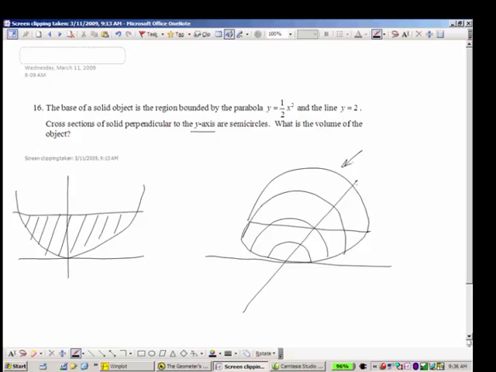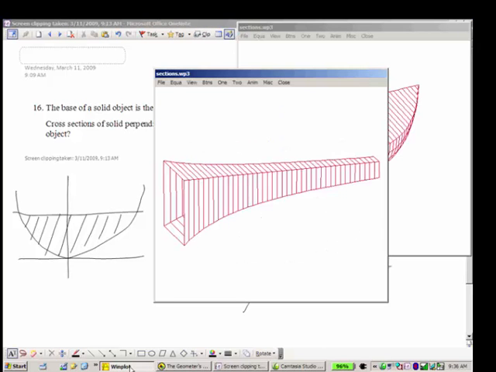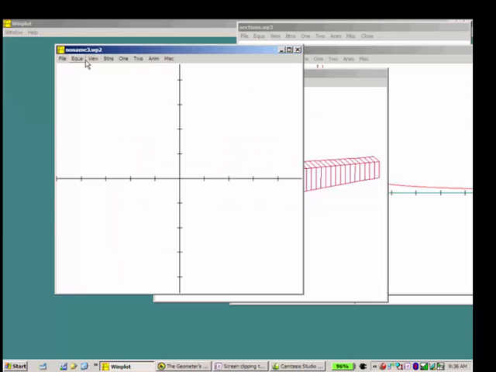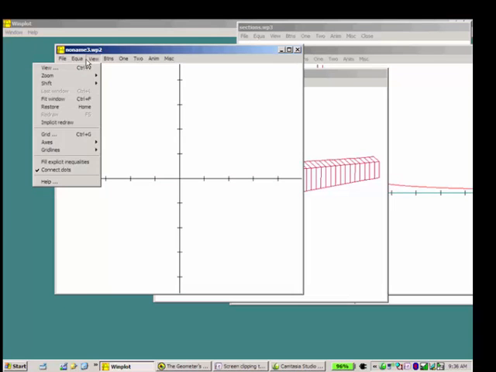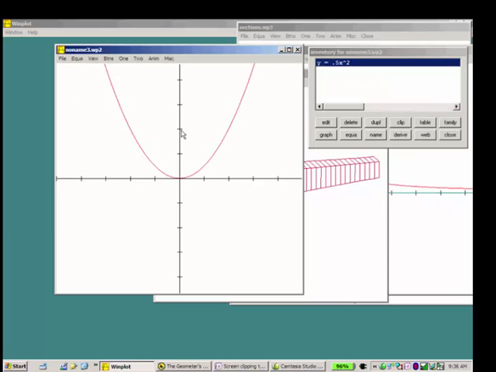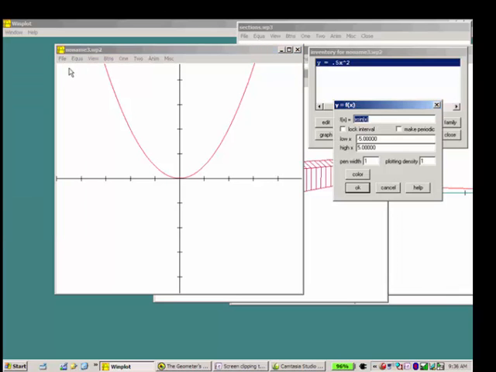I think I messed up when I tried doing it on WinPlot, so let me try again. So we want y equals, what was it, 0.5 x squared, right? And the equation y equals 2.